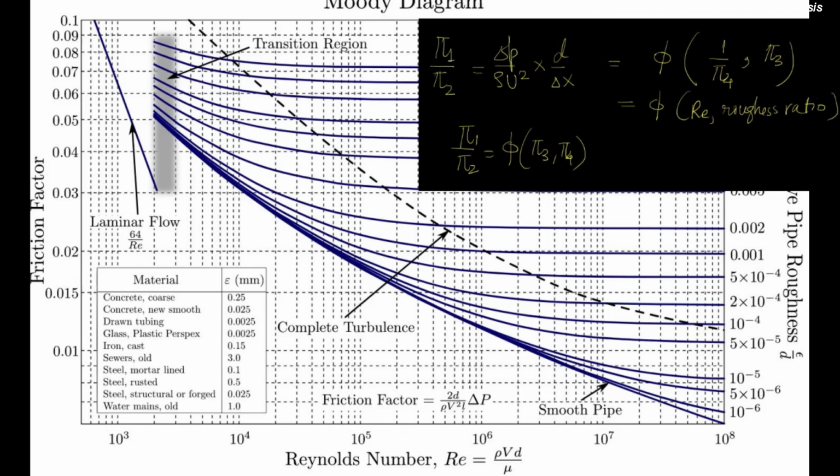On the x-axis, we have the Reynolds number, which is essentially 1 upon pi 4 for us, and the various curves have been plotted for relative pipe roughness, which is epsilon upon d, the ratio of the roughness of the pipe to the diameter of the pipe. And it's a very neat way of representing data without going too much into the specifics of a certain experiment.